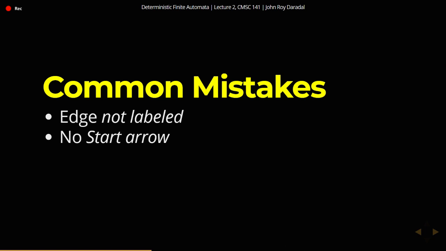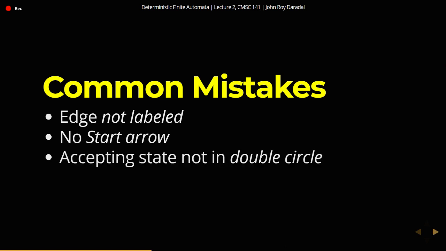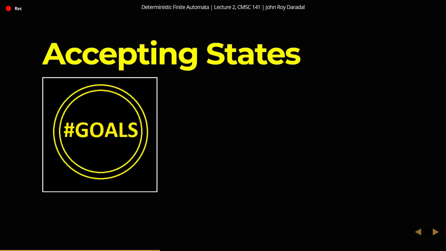So don't forget that one, so that we know which state to start. And the other one is accepting states are not in double circle. So always remember that if it's an accepting state, you must wrap it in double circles because that would be the goal, right?